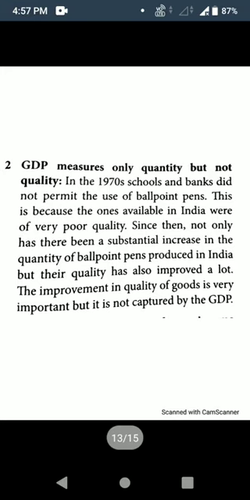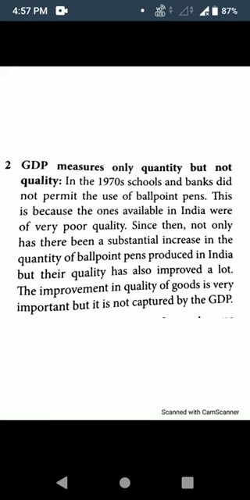Next, the second one is that GDP measures only quantity but not quality. Only the amount is counted, not whether it is good quality or bad quality. In the 1970s, schools and banks did not permit the use of ballpoint pens, because the ones available in India were of very poor quality. Do you understand?